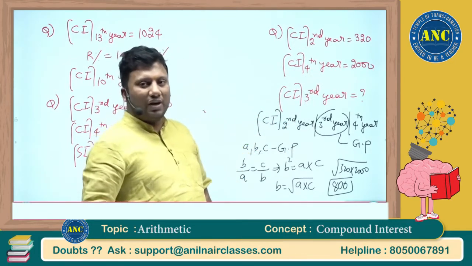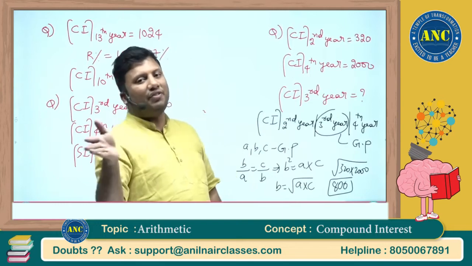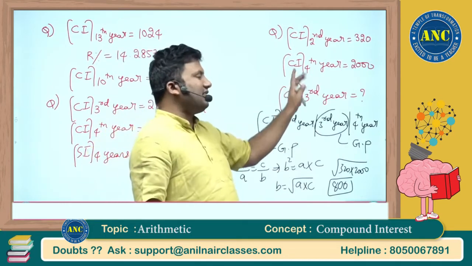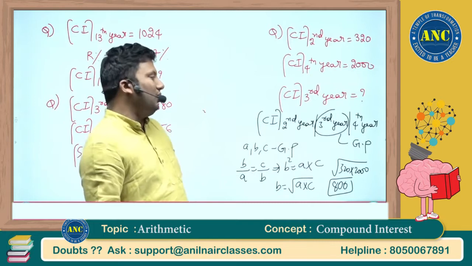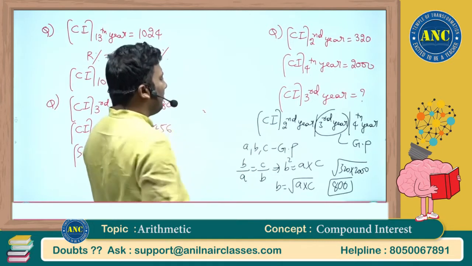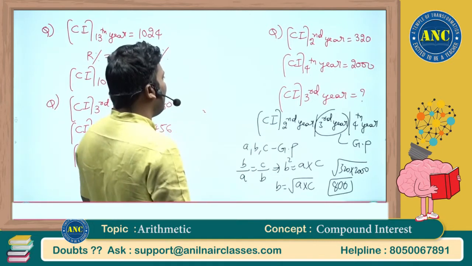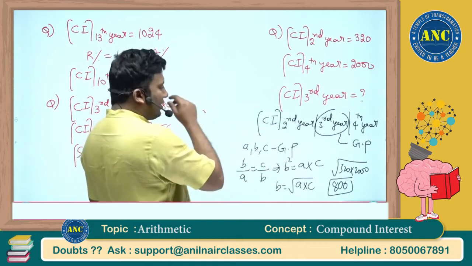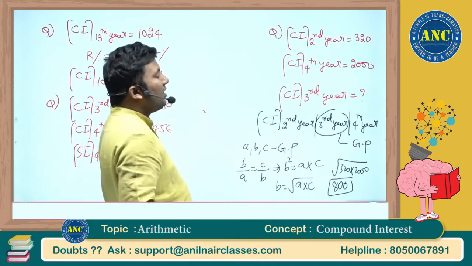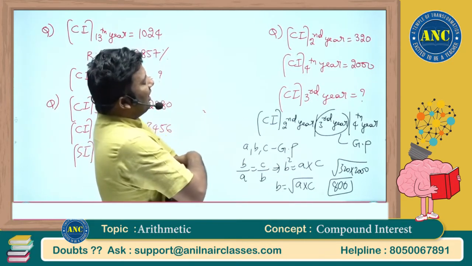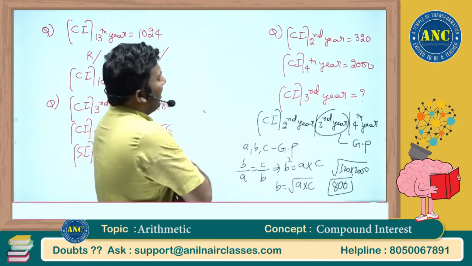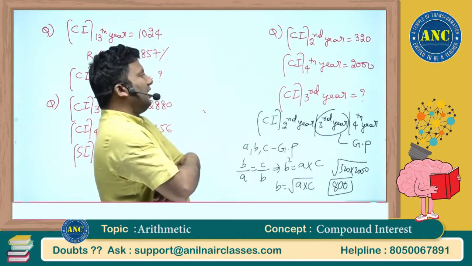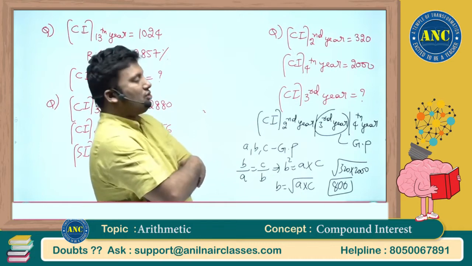That is also the square root. As long as the time difference between the particular years is the same, the middle value is always the geometric mean of the extremes. So B equals root of A into C. The answer is 800. So compound interest at the end of the second year is 320, and at the end of the fourth year it is 2000.